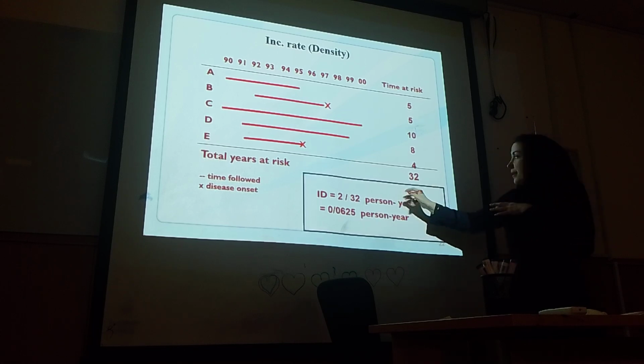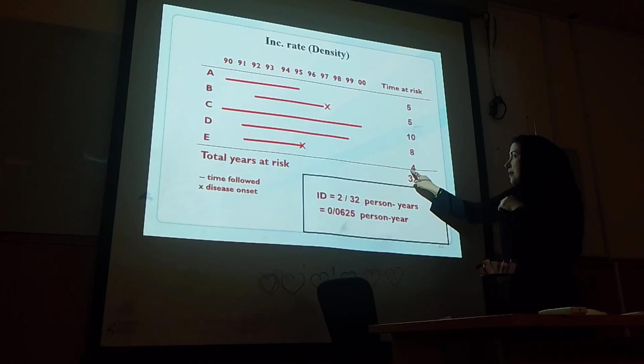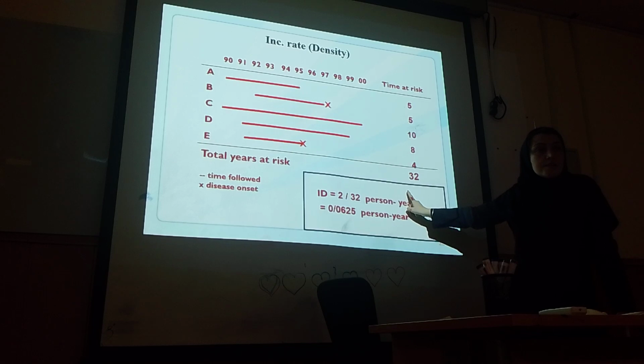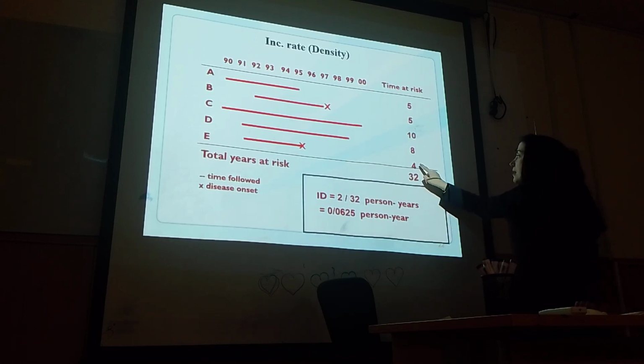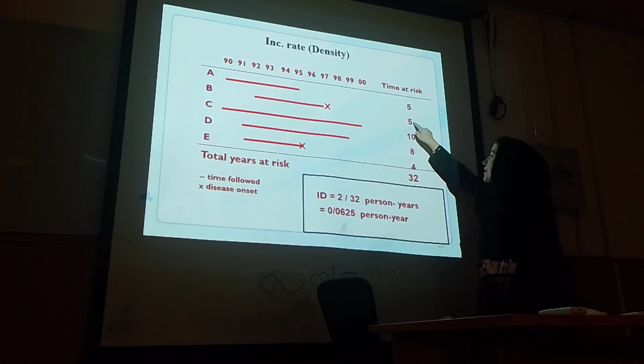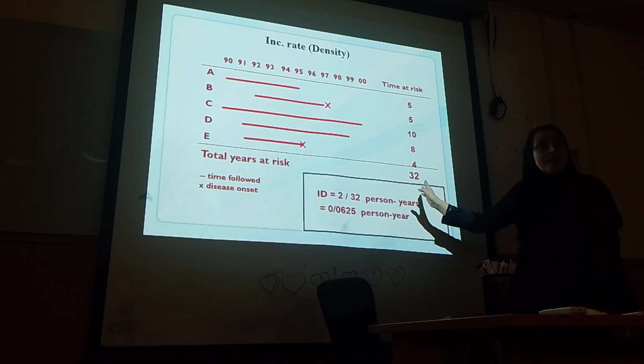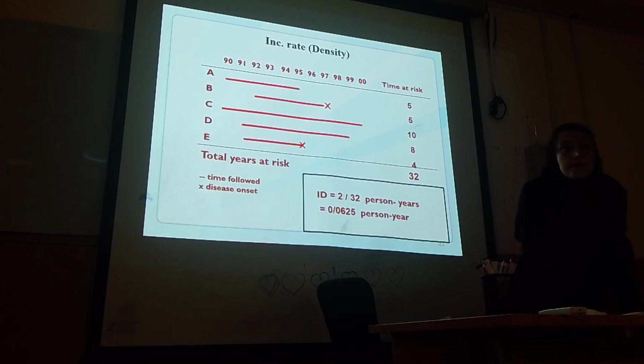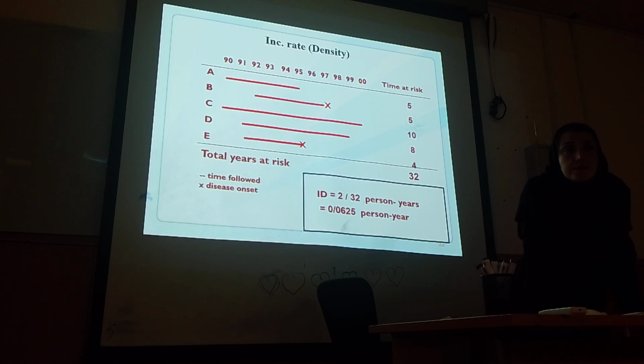But here, the denominator is not the number of patients. It is just the total number of years that they have been at risk. What do I mean by time at risk? The number of years that we followed the population.